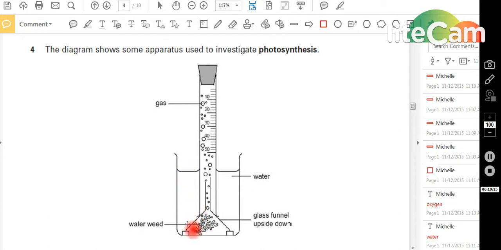They gave us a glass tub or container with an inverted funnel. Underneath it there's a water weed. Then there's a measuring tube with a stopper at the top, and it shows us that gas is given off. We can see there's measuring units there as well.